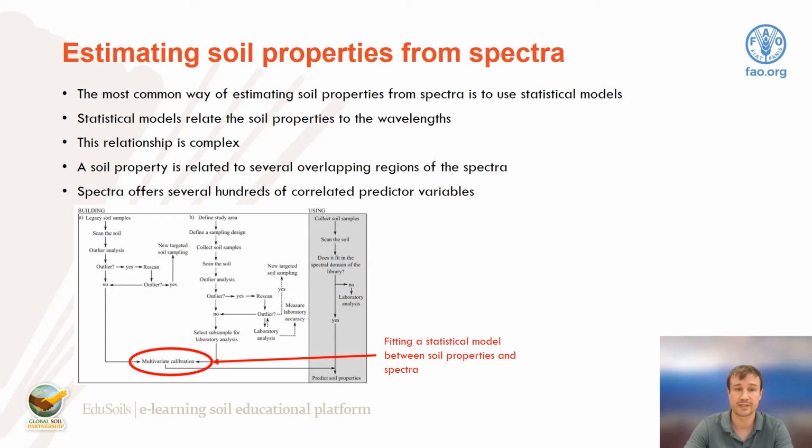Before these steps, there are many other steps that need to be done, and I tried to describe most of them briefly in the previous lectures. Some of these steps are spectral scanning, first, and then the spectra pre-processing. You must do exploratory spectral analysis, but also you should select the samples for wet chemistry analysis. And when all of this is done, we can proceed with fitting a model.